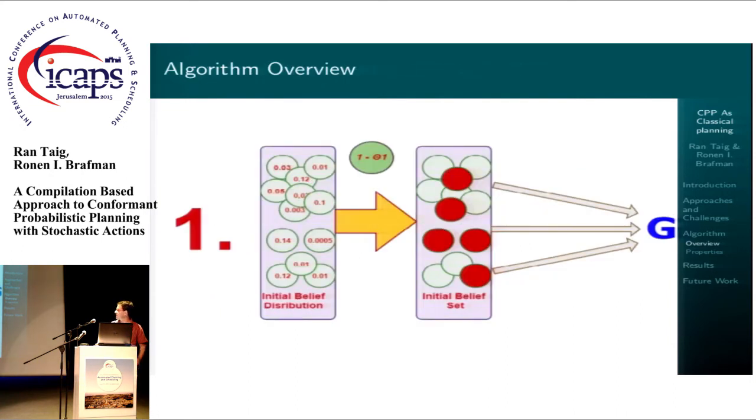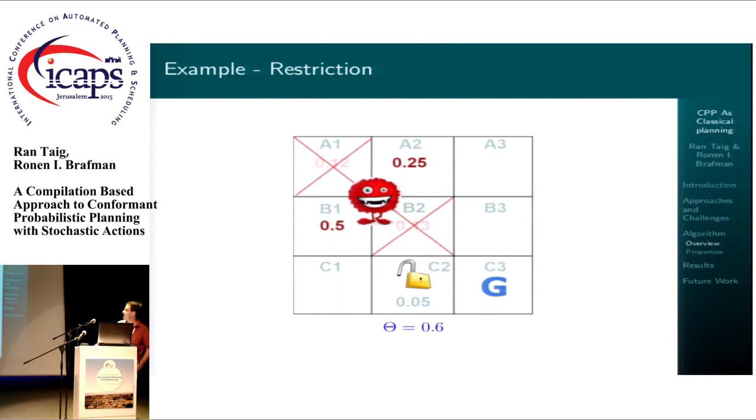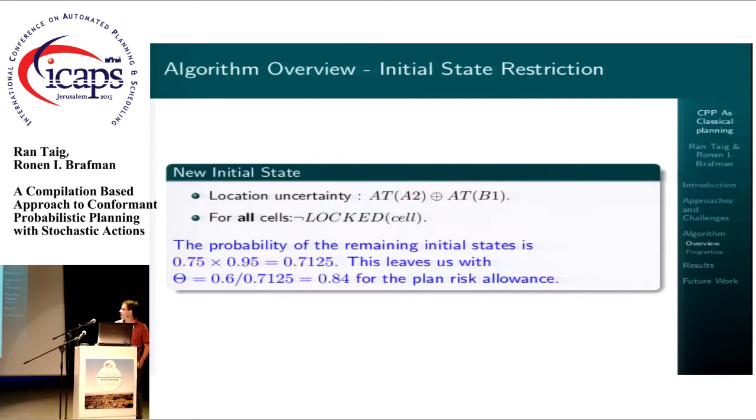So the first stage is the restriction. We move from a probability distribution into a non-deterministic set of possible initial states that we select in this process. In our example, the planner chose to ignore the uncertainty about C2 being locked, so we assume it is open, and we ignore 2 of the 4 possible locations of the cute monster in the initial state.